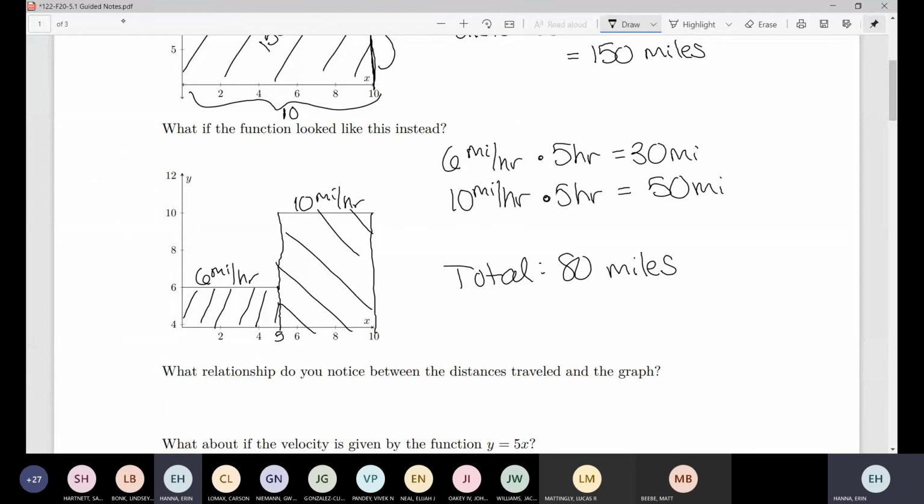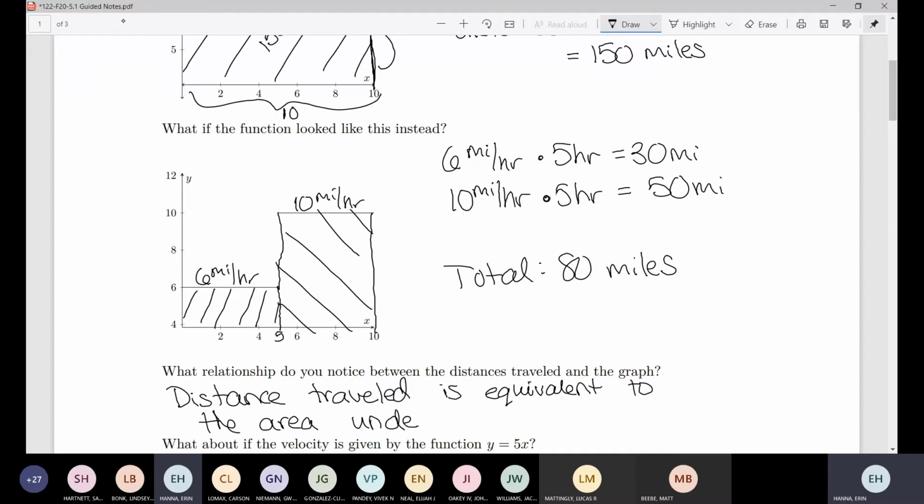It's the area, so distance traveled is equivalent to the area under the graph. The graph of velocity, maybe I'll say. And maybe I'll spell velocity right.